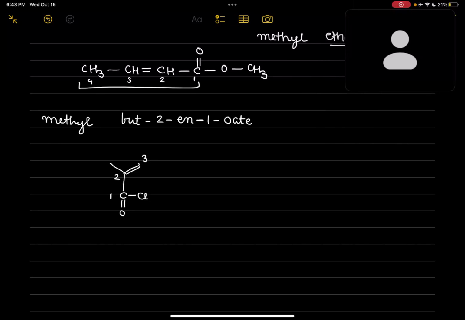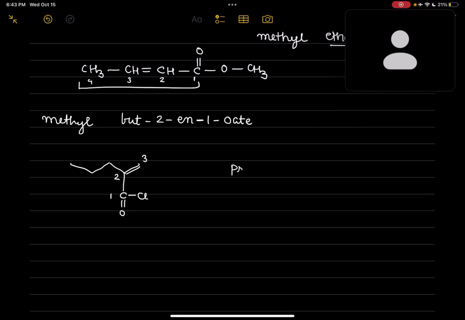The one which contains the maximum number of principal functional groups and double bonds. Got it? Multiple bonds. Maha, is this clear or not? Nabila, Maha, both of you. Clear? Yes, sir. So the longest chain was going that side, but we need to take this as the parent chain.